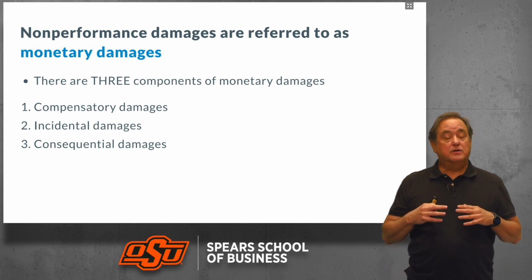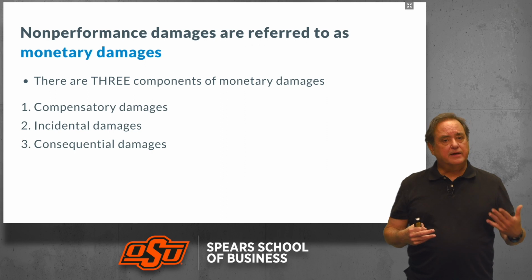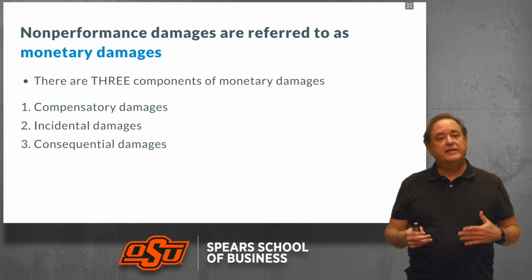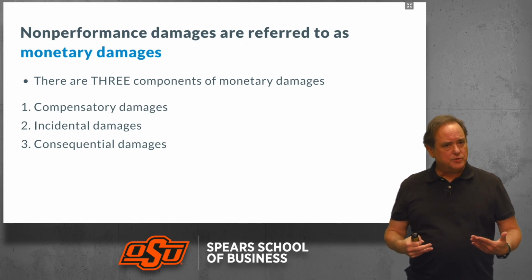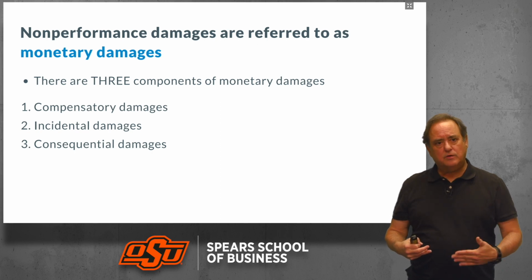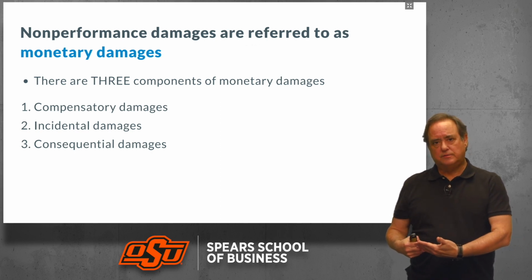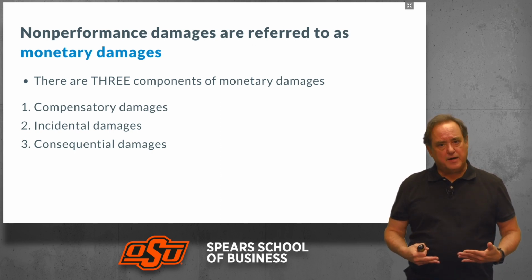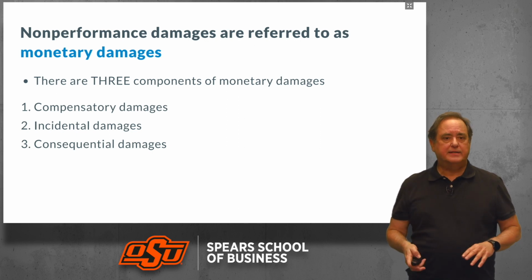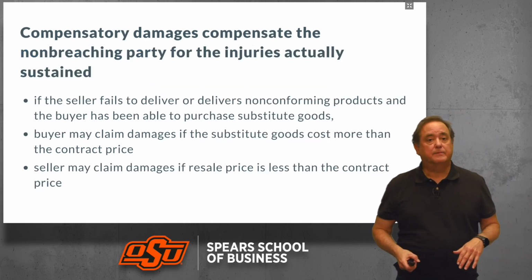And our recovery for monetary damages is going to be the sum of compensatory plus incidental plus consequential. So these three components added together form monetary damages. Let's talk about each one in more detail.